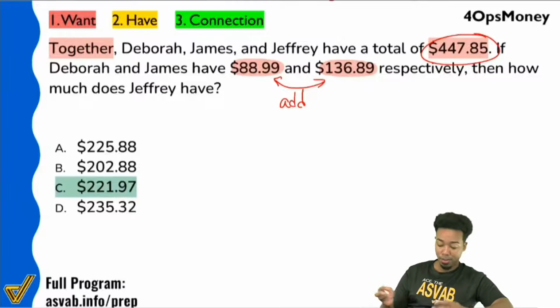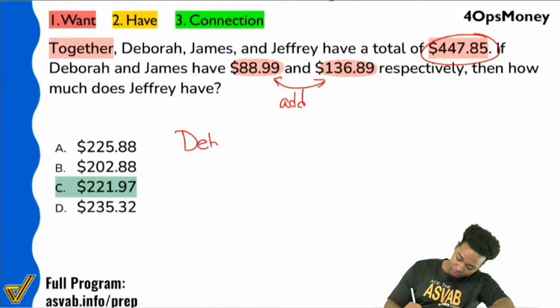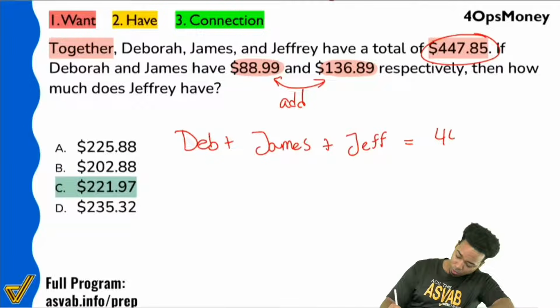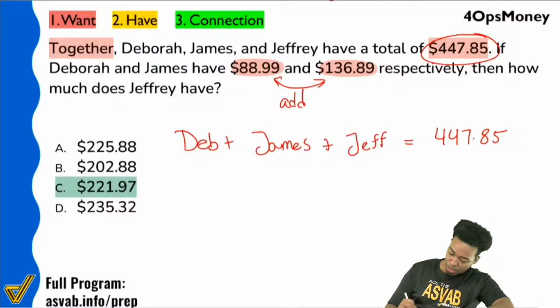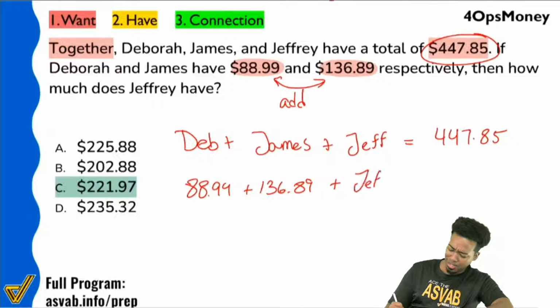Because if Deb plus James plus Jeff equals 447.85, then all you would do is basically see that you have Deb with 89.99 and then James with 136.89. You add those together, nice and easy, and then you take it away from the grand total.